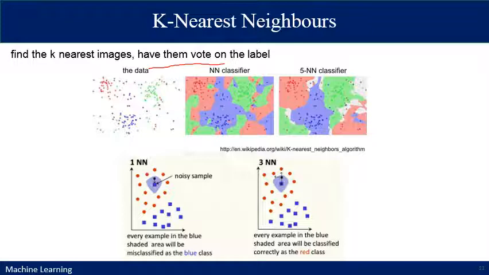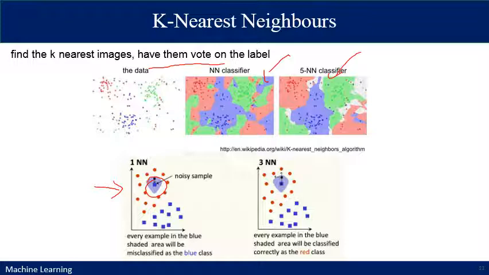For example, you can have the data and employ the nearest neighbors algorithm, and your prediction may look like this. However, if you use the 5 nearest neighbors classification, you can clearly differentiate the boundaries of different examples. As an example, with one nearest neighbor, we may get a noisy sample as marked in the blue shaded circle.